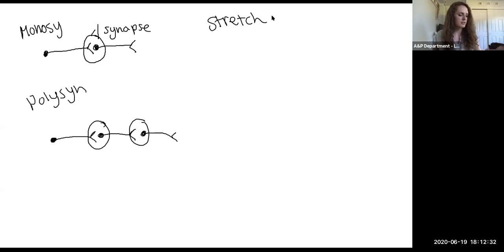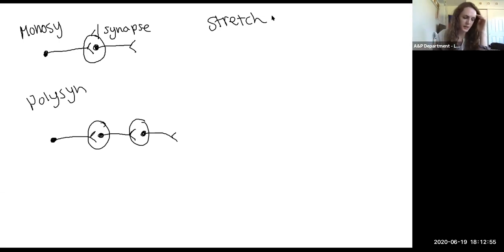On your stretch reflex, you want to know your steps and the different players in your stretch reflex. So our first one is our muscle spindles. Muscle spindles are going to be our receptor. They're the thing that figures out that you're being stretched too far, that you just got hit.